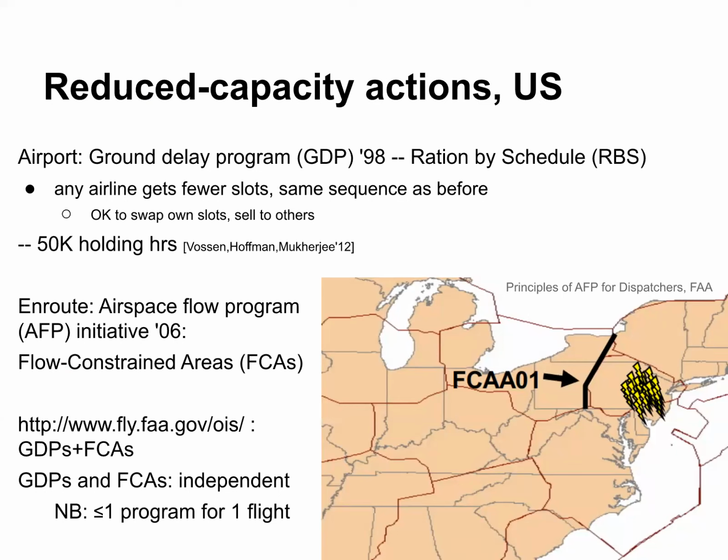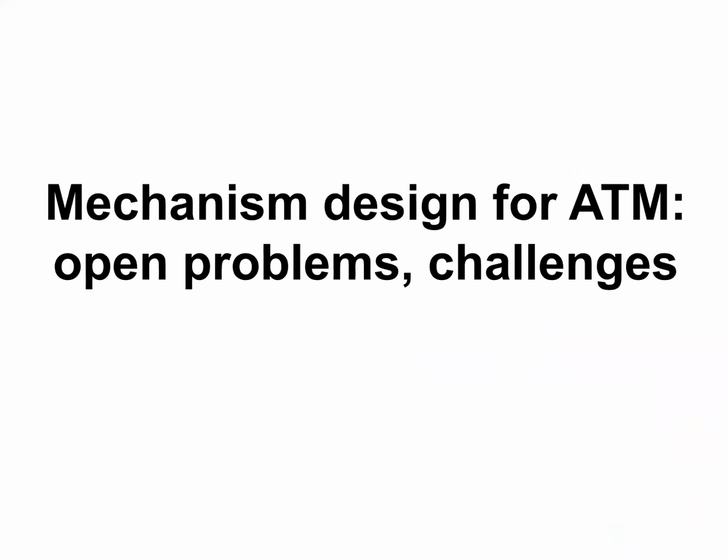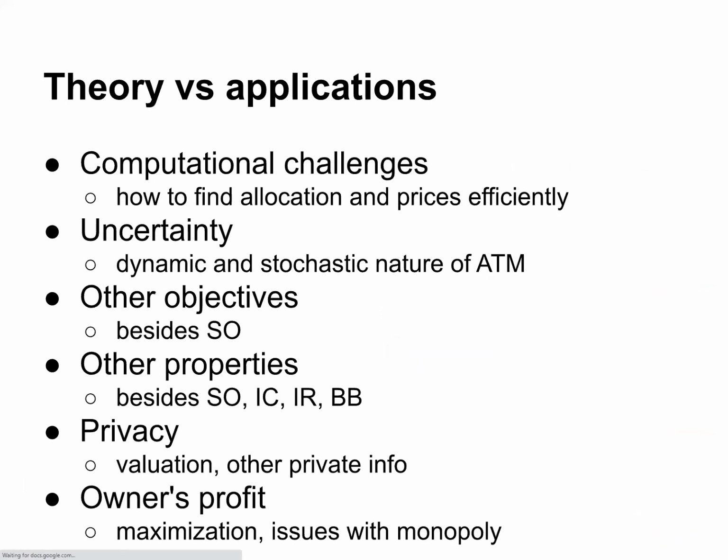I will not speak about some differences in how the auctions are done in the US versus EU. I guess they're too technical to speak about. Rather, I will just finish, since we do have time, by mentioning some open problems and challenges.